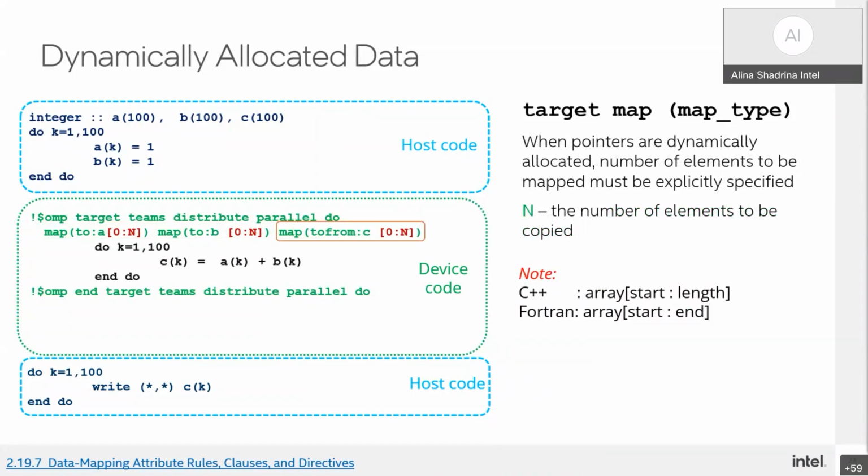You see that there are differences between C++ and Fortran. Pay attention that in C++, for dynamically allocated arrays, you are passing the start and length of the memory that you are going to move to the device. And for Fortran, you are passing the start and end indices of the array.